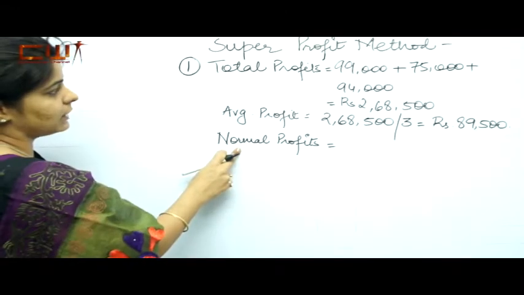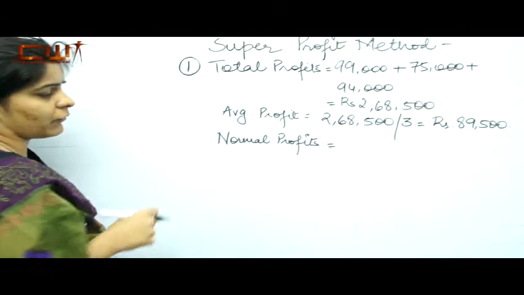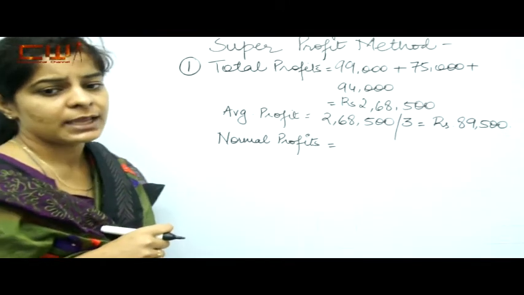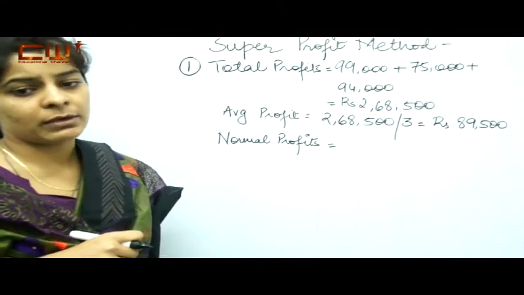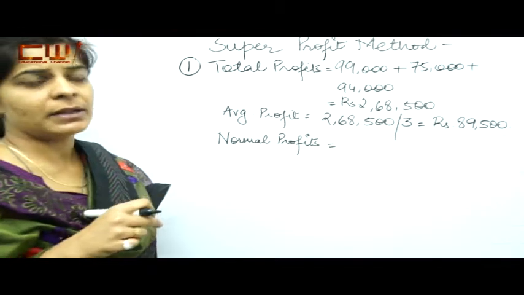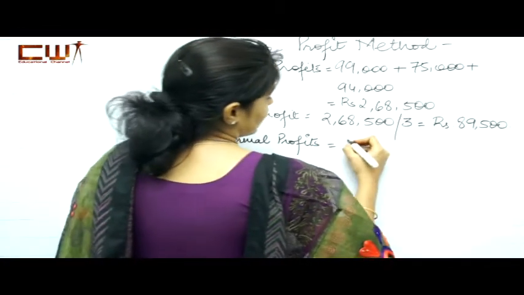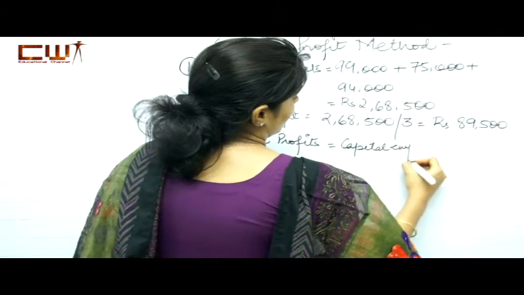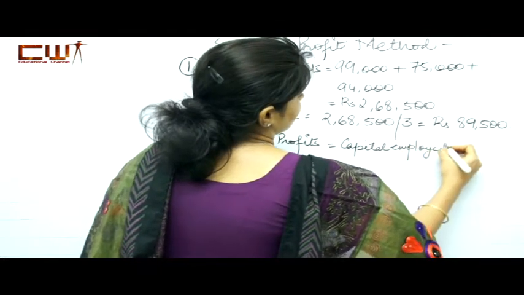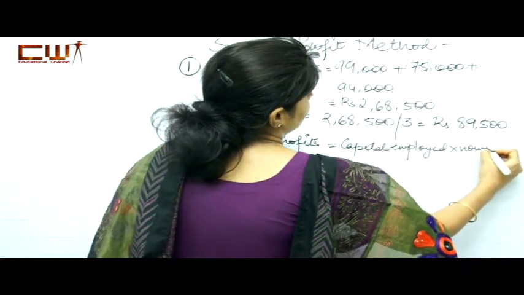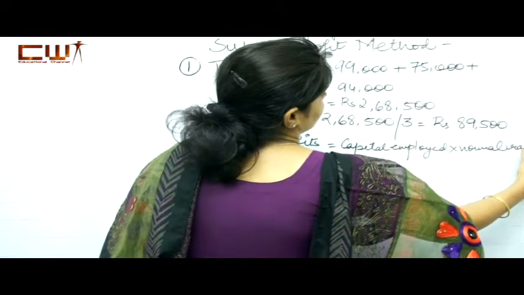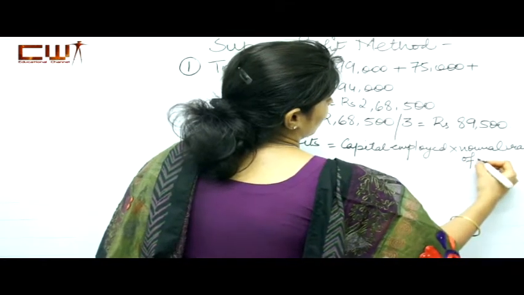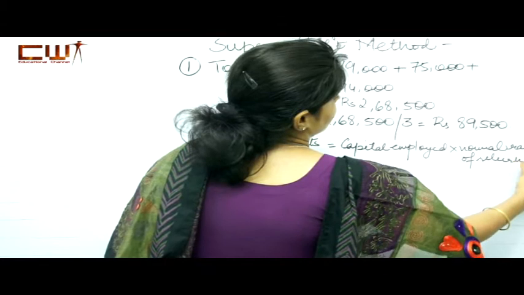This is a new thing that is added to this method, normal profits. What is the formula for normal profits? Capital employed into the normal rate of return. First write the formula: capital employed into normal rate of return.